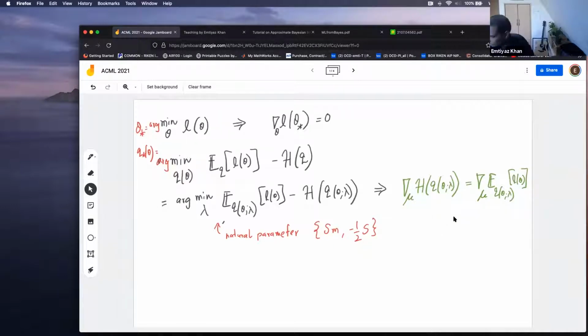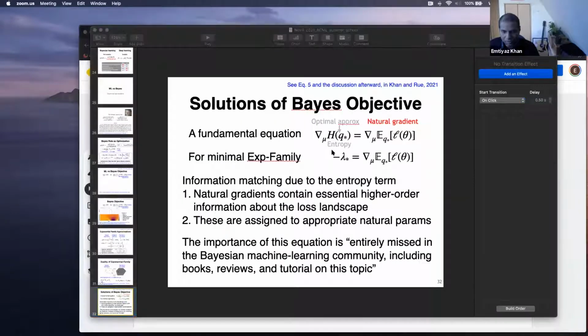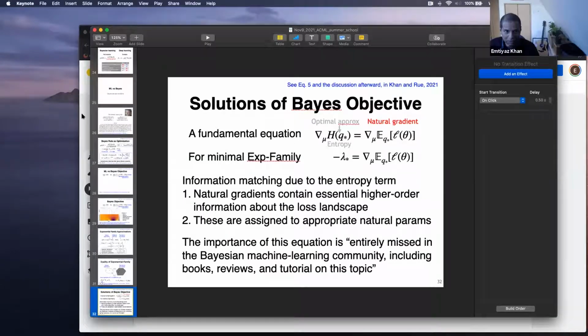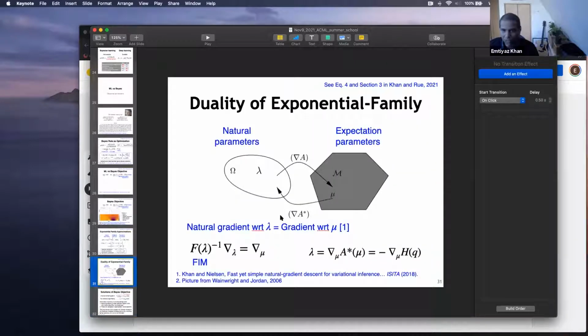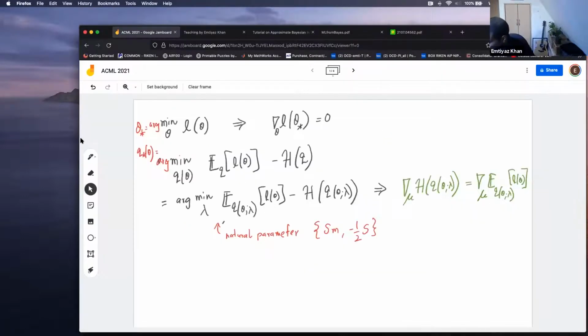Now I showed to you in the previous slide, okay, where are my slides? Okay, here. I showed to you in the previous part that the gradient of the entropy is essentially just lambda. So let me write this again.